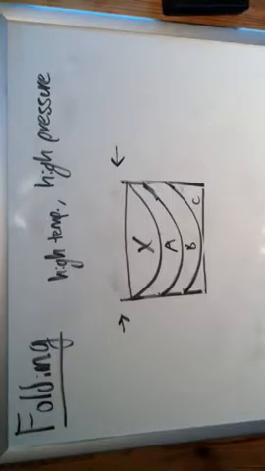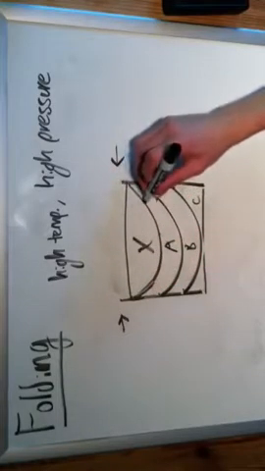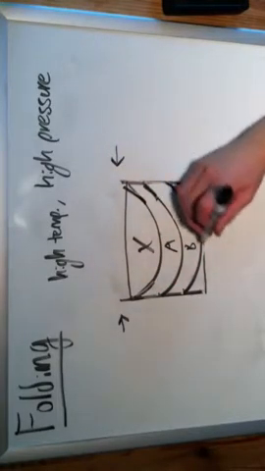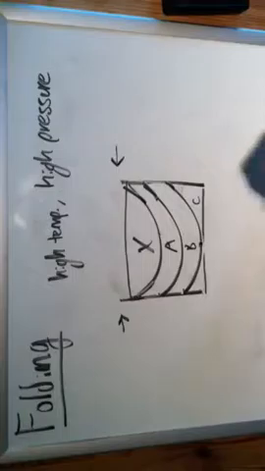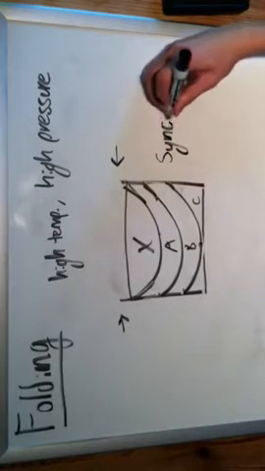Now we can get into multiple types of folds. For this video, I'm going to stick to just the bare basics. And as I mentioned, it can either fold upwards or downwards. This one is folding upwards because it opens upwards. The crest is pointing downwards. And when we have that, it's called what's known as a syncline.